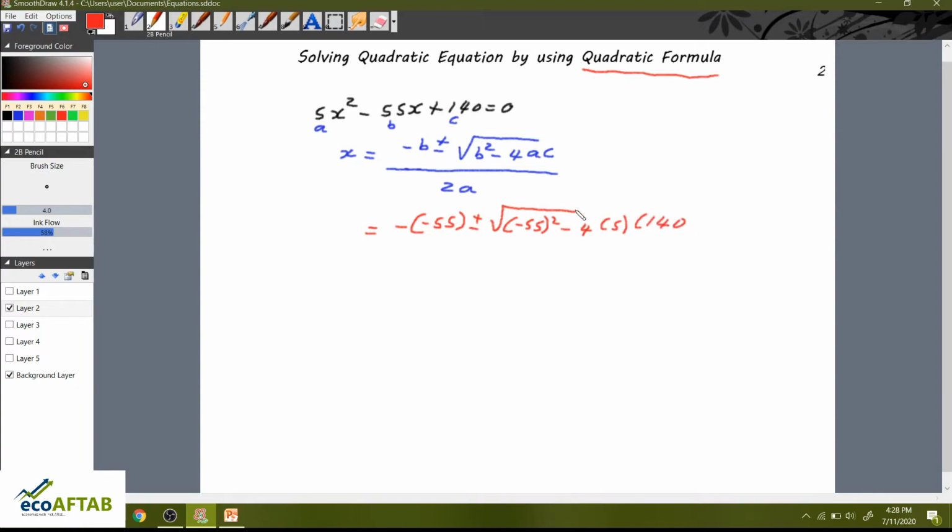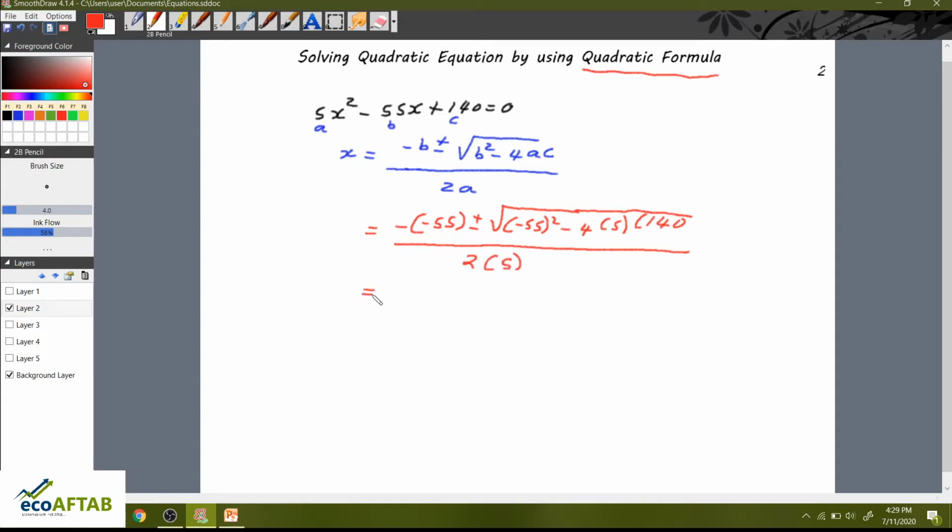So all these things come under our square root, the whole divided by 2 into a, that is 2 into 5.